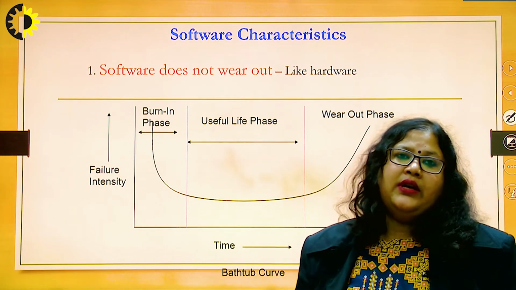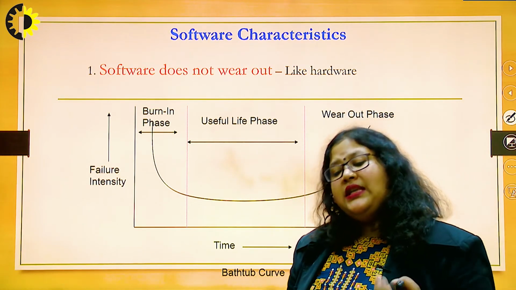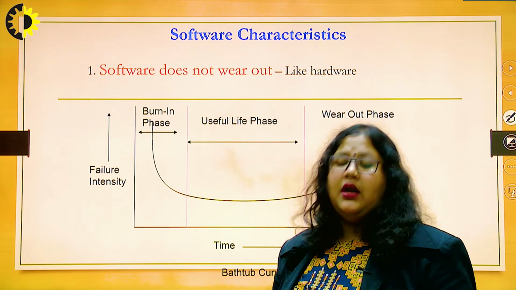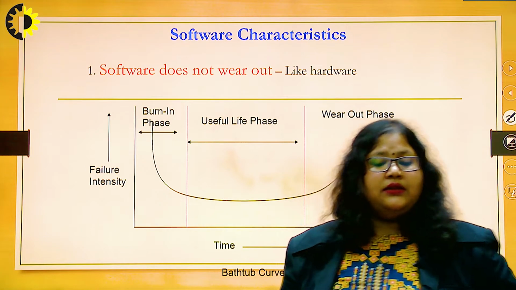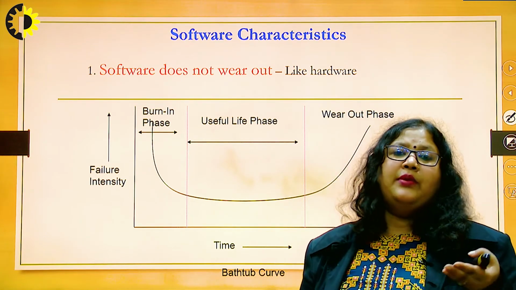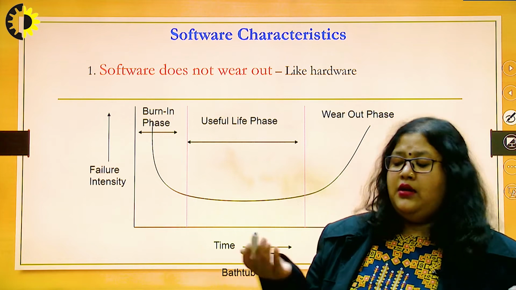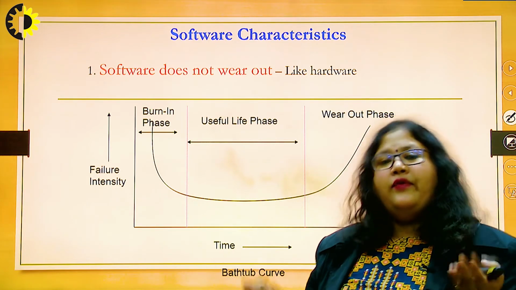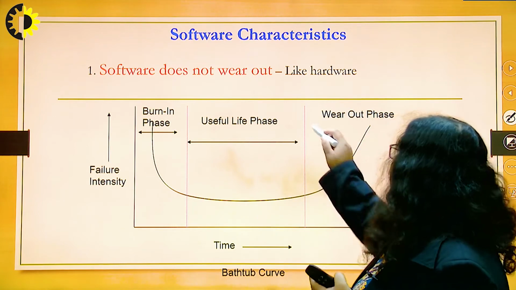So any hardware product has three phases: the burn-in phase, the useful life phase and the wear out phase. After a decade or some years, every hardware product goes into the wear out phase.